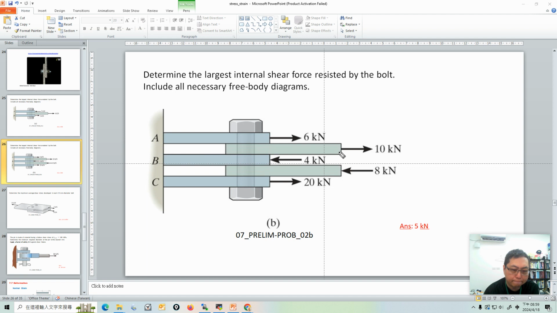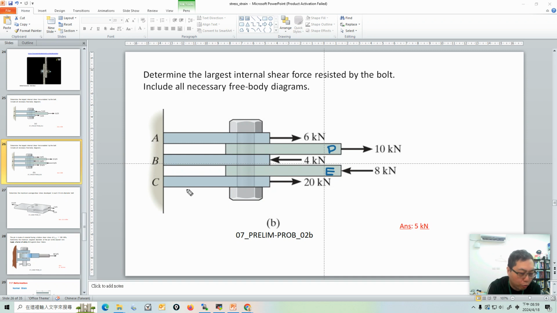I give them names: this is A, B, C here, so I call this D and this E. We start the analysis from D and E, which looks much easier. If you start from A, B, C, you have to make some assumptions, so it's not that easy.